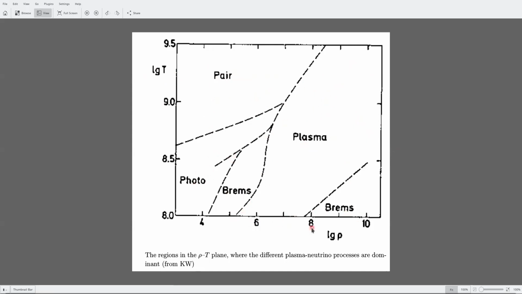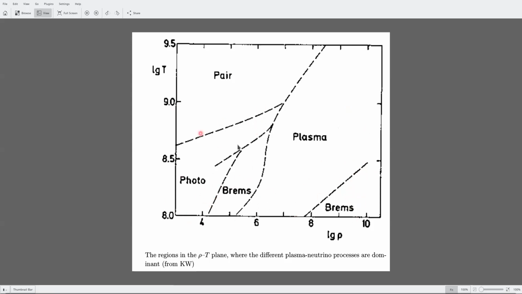Bremsstrahlung and photo-neutrino are less important in a star at the beginning than in another situation, when you have a high density compact object with the temperature lowering.